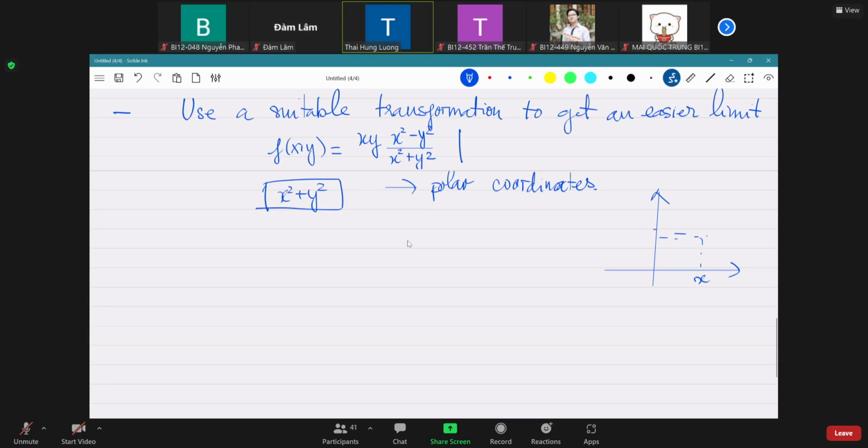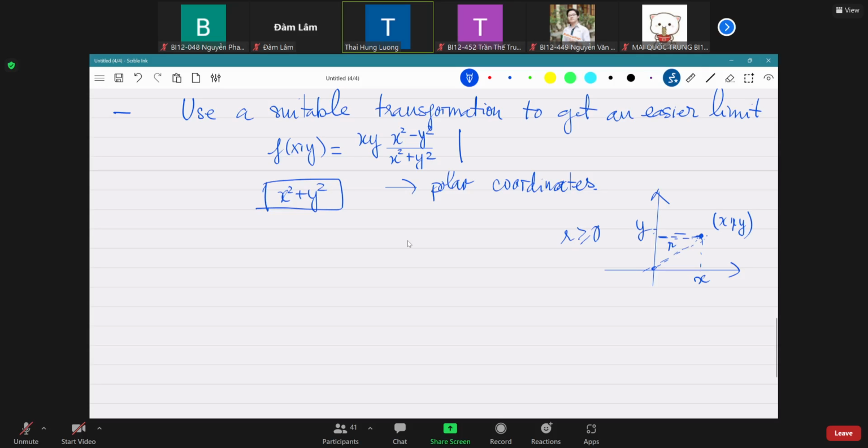Here I represent the point (x, y). This point has the coordinates x and y in the normal coordinate system. How can we change it to polar coordinates? I denote the distance from this point to the origin by the variable r, so we have r greater than 0.